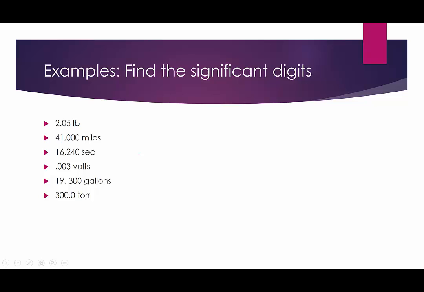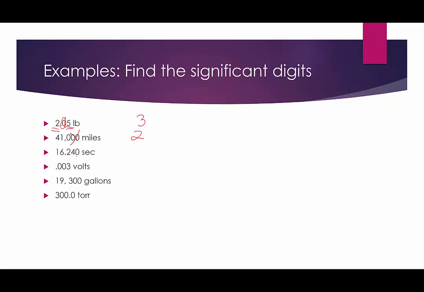So let's find the significant digits in all these examples. Let's take a minute and look at them. So 2.05, the 2 is significant, the 5 is significant, therefore the 0 is also significant, so that has 3. 41,000, okay? These are at the right side of the whole number, so these are not significant, so therefore there's just 2.